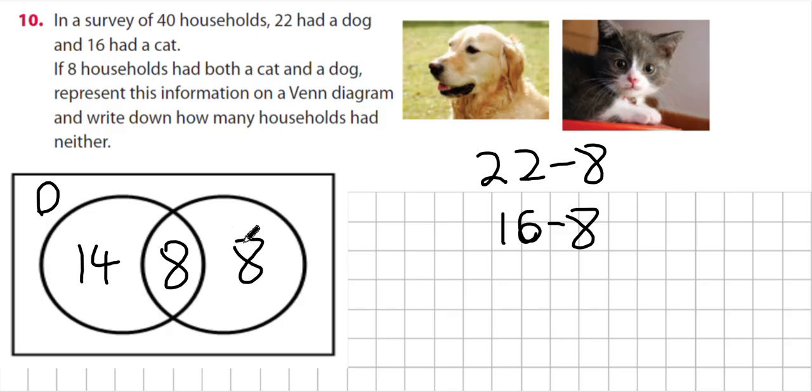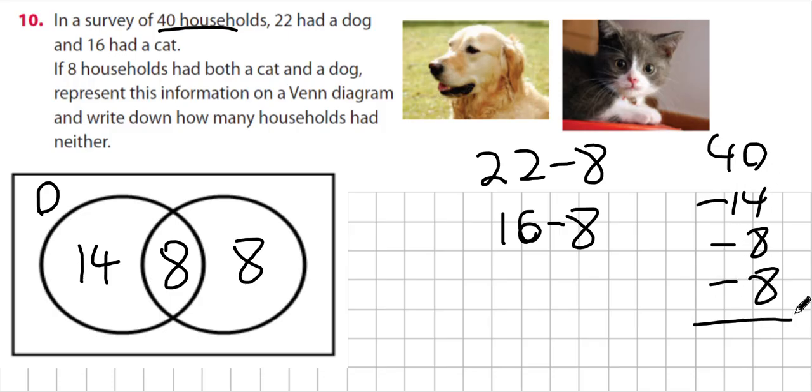Alright. And then add them all together and take it away from 40. So 40 take away 14, take away 8, take away 8. Anybody get 10? Okay. How many households had neither a cat or a dog? 10 on the outside? That was far easy.